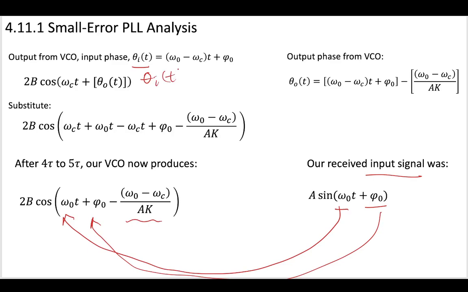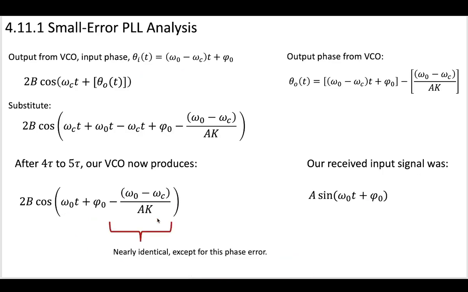And we were able to figure out what the time domain error was going to be, and we can see that this is what the phase difference is going to look like. So this is nearly identical, except for this small amount of phase error. Plus, recall, there is also that constant pi half phase difference that's due to the fact that the VCO was essentially an integrator.